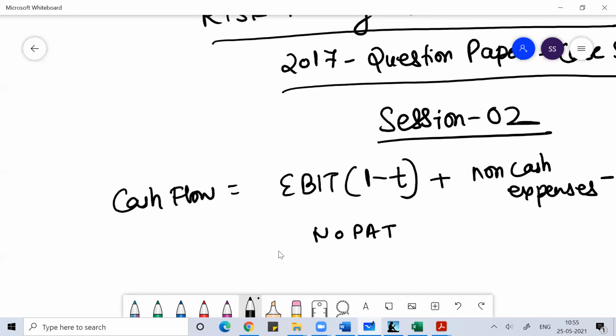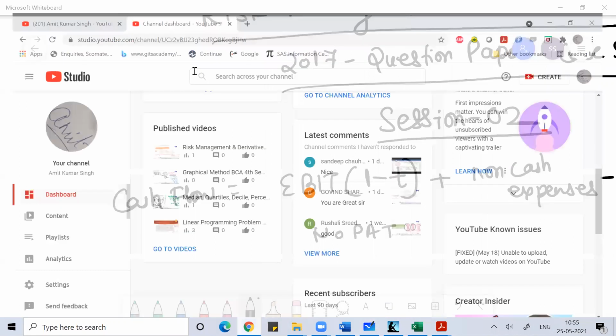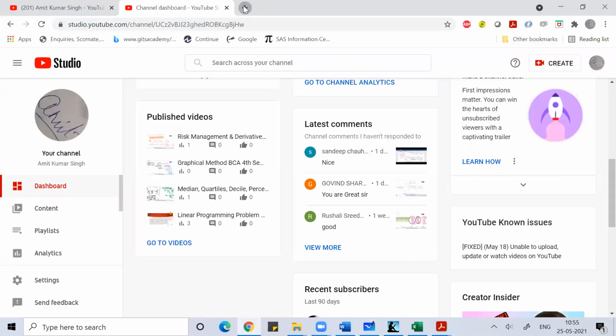If you refer to any textbook, they will tell you cash flows can be operating cash flow, free cash flow to equity, free cash flow to firm, capital cash flow. So if you get time, guys, you can spend some time reading about them.